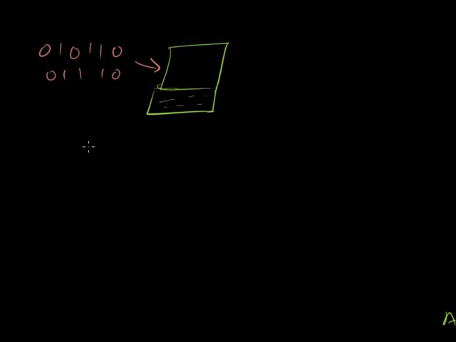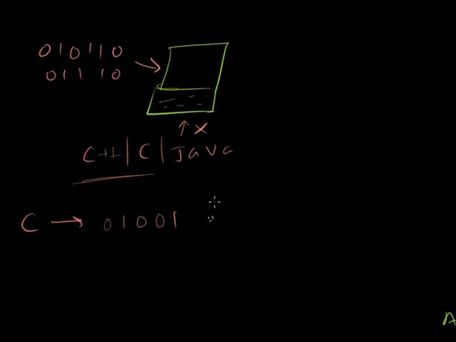It does not understand C++ or C or Java. So how do we make a computer understand C, C++ or Java? Let us say we have the language C. We take it, we convert it to 0s and 1s, that is binary, and then give it to the computer.